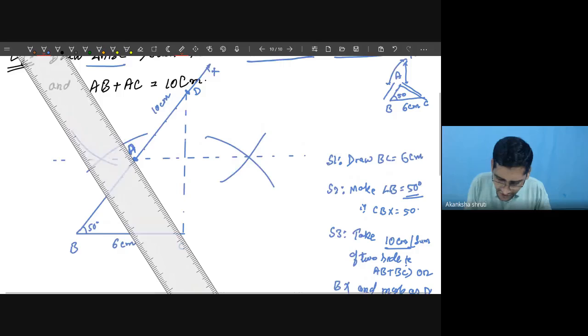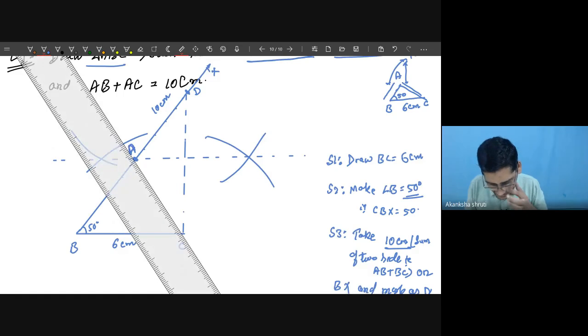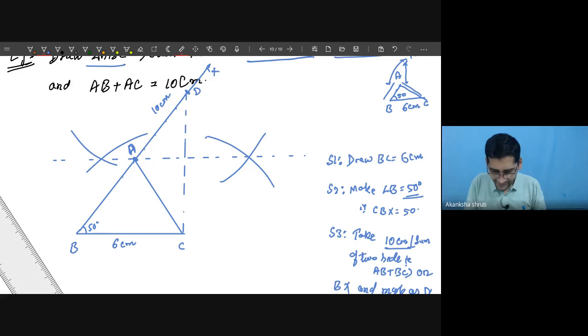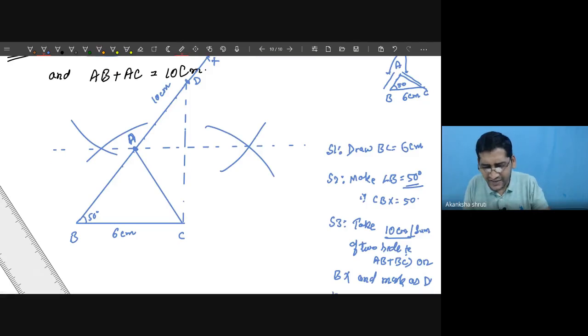The purpose was to find where the point A lies on BD, and that we have determined. So this way triangle ABC with angle B equal to 50 degrees is formed.